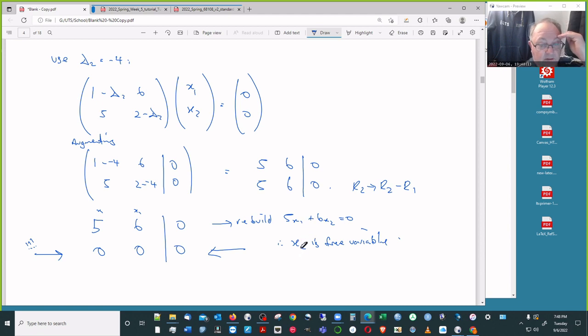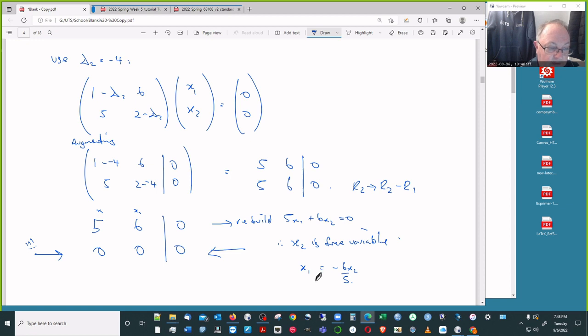And we said x2 is a free variable. So x1 can be expressed by rearranging. x1 will be equal to, we minus 6x2 and put it on that side, and divide by 5.